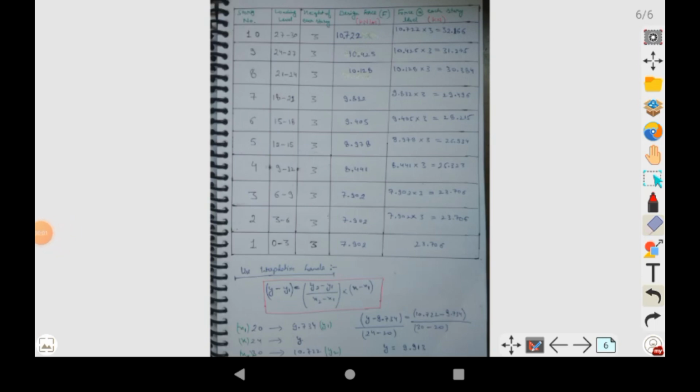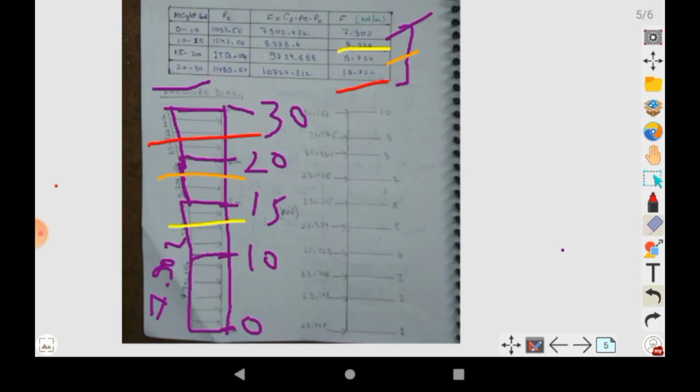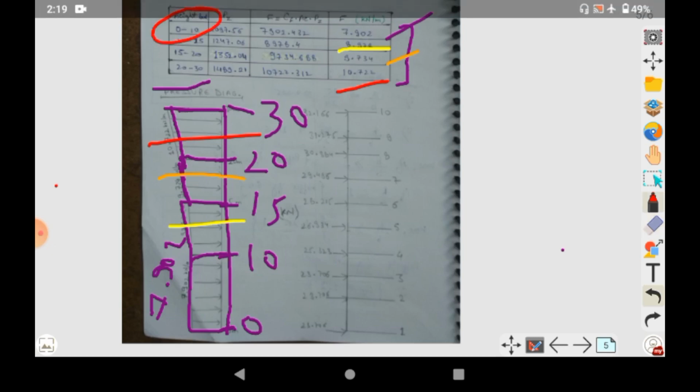Now, one by one, we are going to put in the values which we have previously calculated. From the previously calculated table, we put all these values in this table. Let me show you the previous one: for the height level of 0 to 10 meter, the value of F is 7.902.